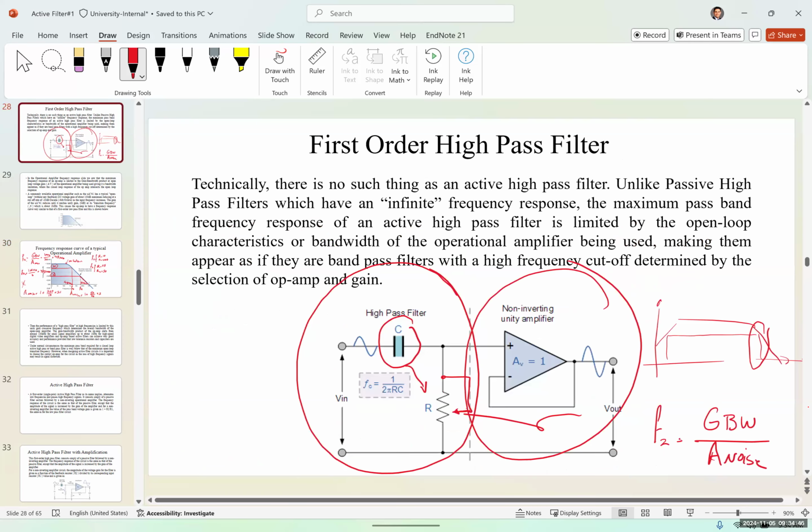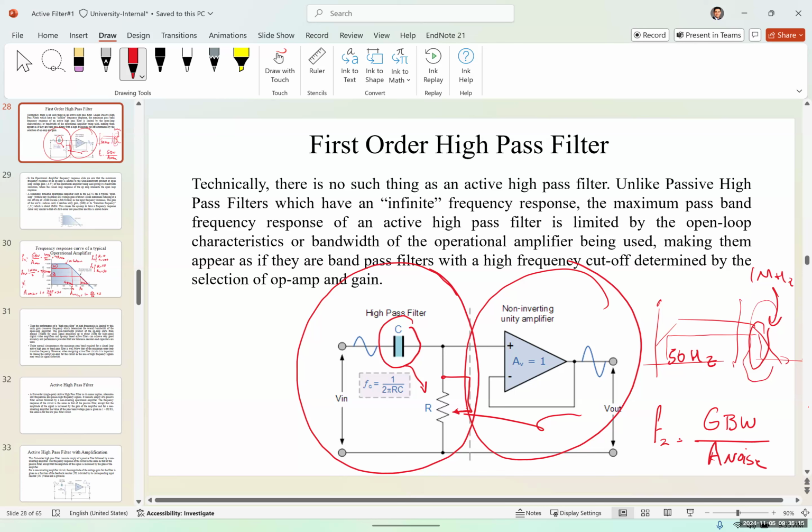So what should we do if we want to design a high pass filter? First, we have to pick an op amp that has a pretty high upper cutoff frequency. If you want to design a high pass filter that filters everything below 50 hertz, and the upper cutoff frequency of that op amp is 1 megahertz, for example, the frequency would never reach 1 megahertz.